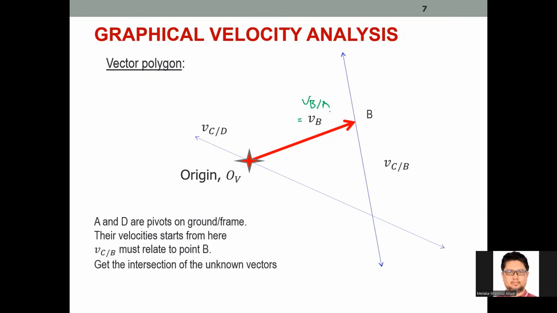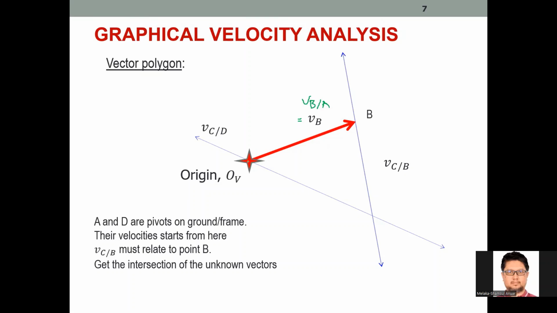Point B is floating, point A is fixed to the ground, so we just say VB. Since this vector is known, you know the magnitude, we can calculate that, and also the direction is already established. So we just start with that.